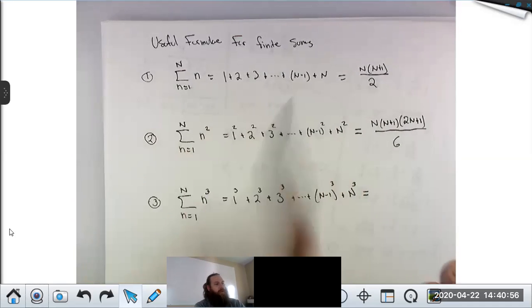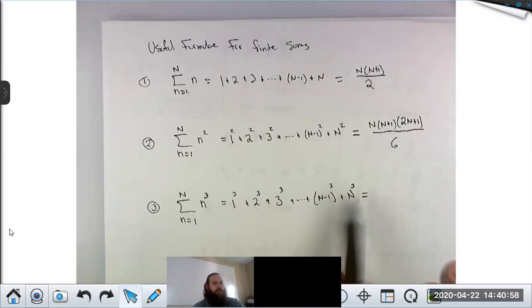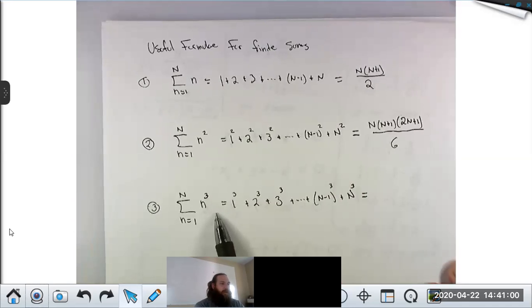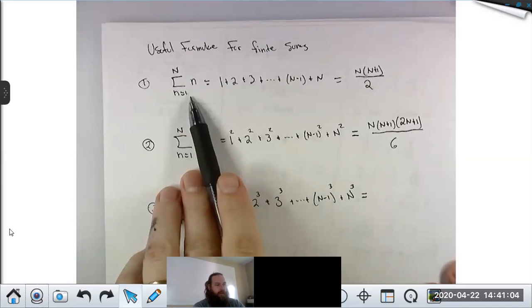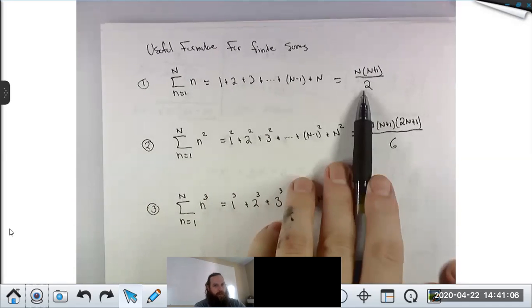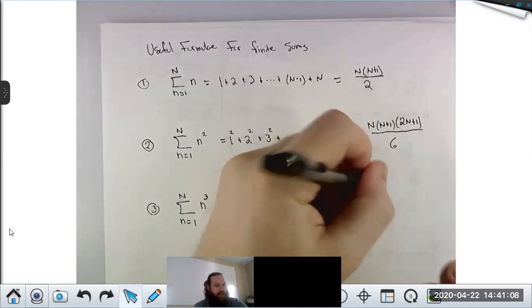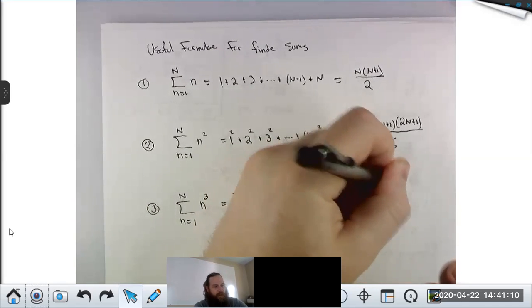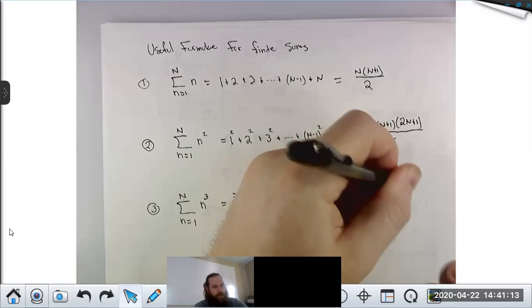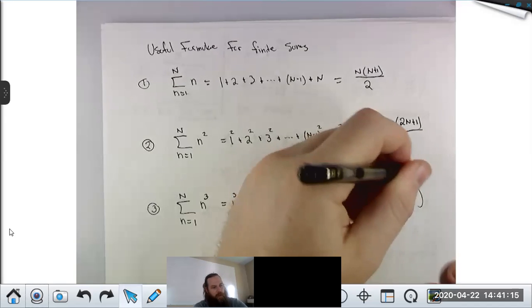This turns out to be a perfect square all the time. Not only that, it's the square of this, which is surprising. It's n times n plus 1 over 2, all squared.